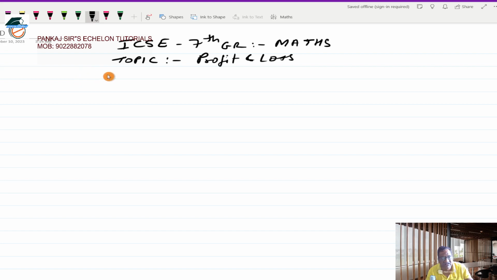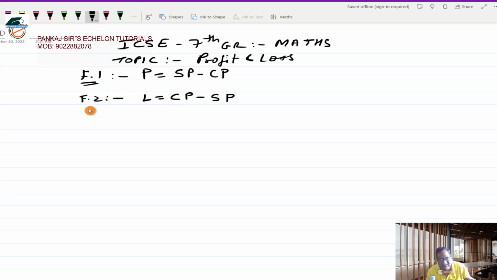So formula number 1 is profit. I'm going to write it in short only. P stands for profit. So profit is equal to selling price SP minus cost price CP. This is formula number 1. Formula number 2 is loss is equal to cost price minus selling price.